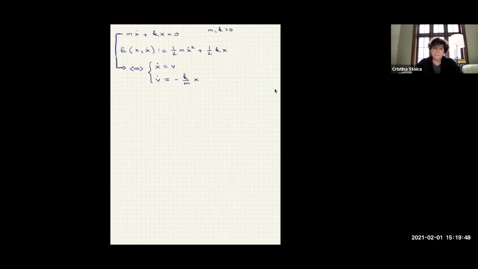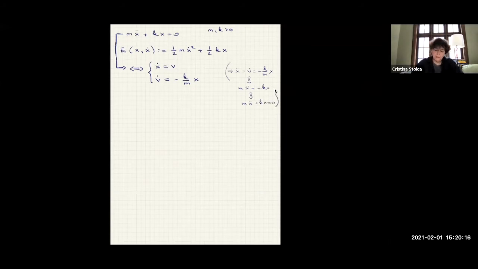You can check that indeed x double dot is v dot, which is minus k over m x. And this is equivalent to m x double dot equals minus kx, which is equivalent to m x double dot plus kx equals 0. There you go, that's your little proof there.